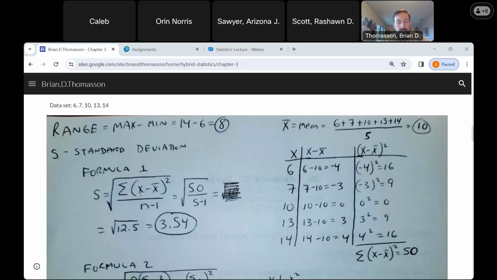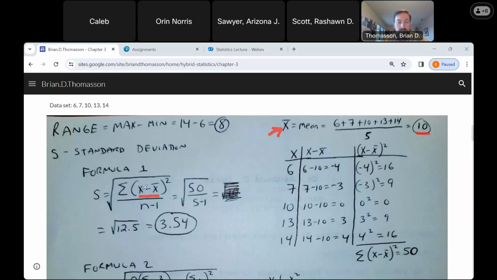We're going to work inside out, so we're going to start with this x minus x bar. Our x bar is just our sample mean, which we found earlier. I found that over here in the corner. We add up those 5 values, the 6, 7, 10, 13, 14, and divide by 5. We have our mean of 10.